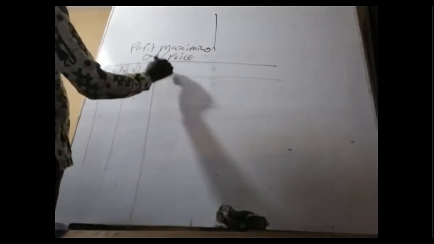Third, find the total revenue. Fourth, find the marginal revenue. Now we have finished with just an aspect or section one. Then we come and start for the second section.